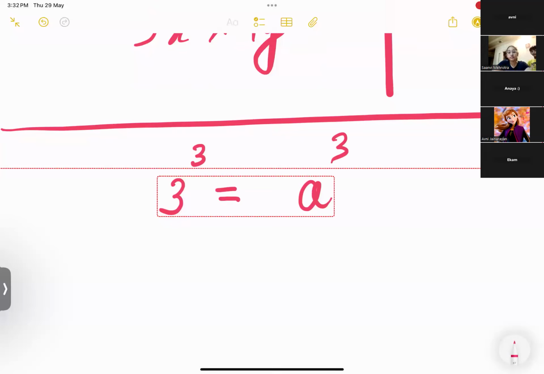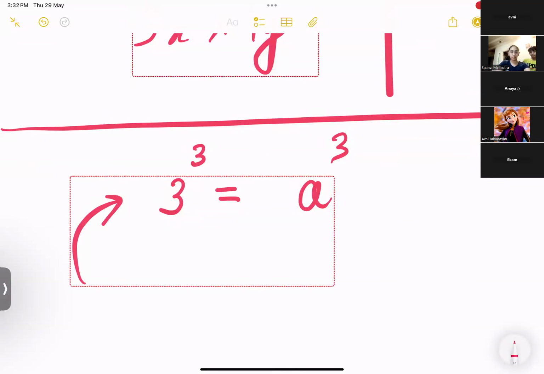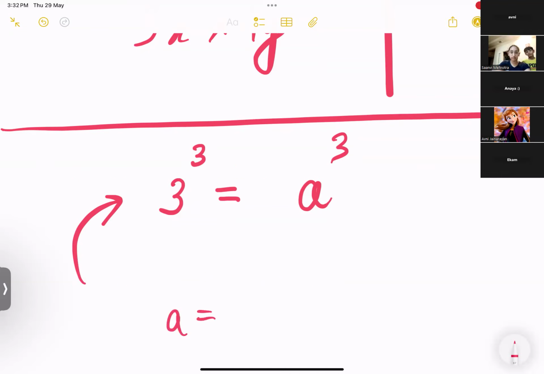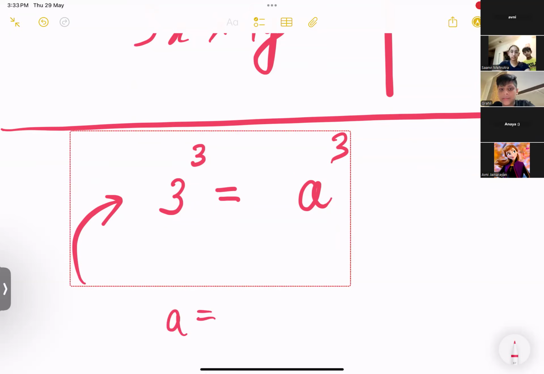Now, Tanvi, Grahil, Aradhya, my question is for you. Pay attention. This is my equation. Can you tell me what is the value of A? A 3 times. Give me the value of A. 9? 27? No, beta.